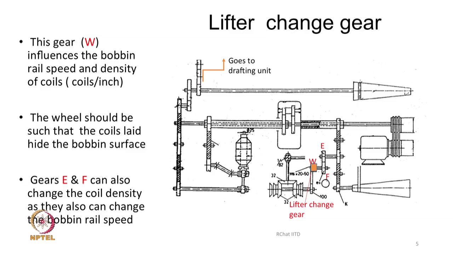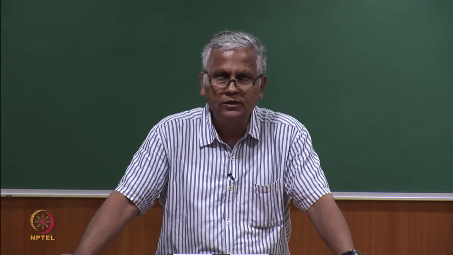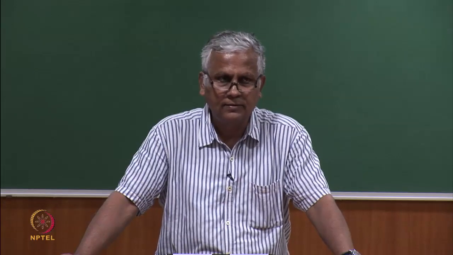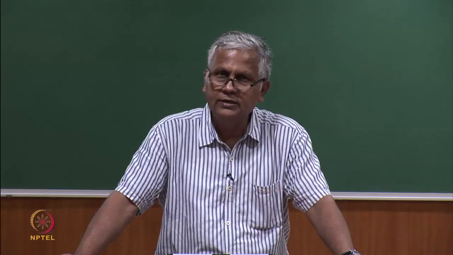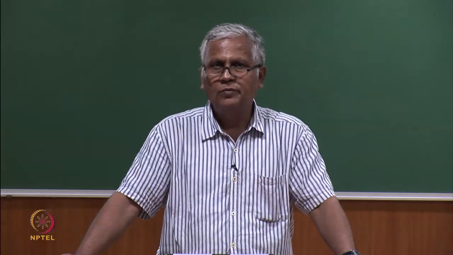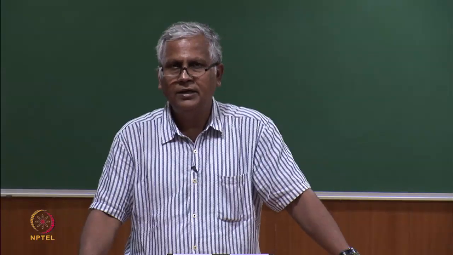So, in this diagram, the lifter change wheel is the wheel W. This wheel or these gears would be such that the coils laid hide the bobbin surface. I mean, the roving will be laid in the form of coils after coils. These coils should be laid in such a manner that the bobbin surface gets completely hidden.